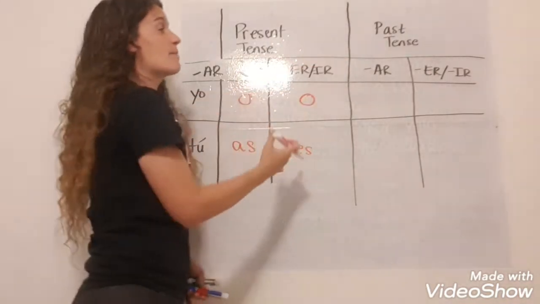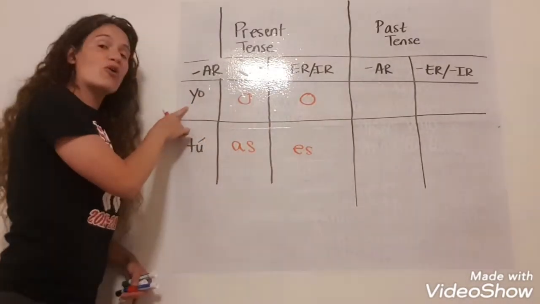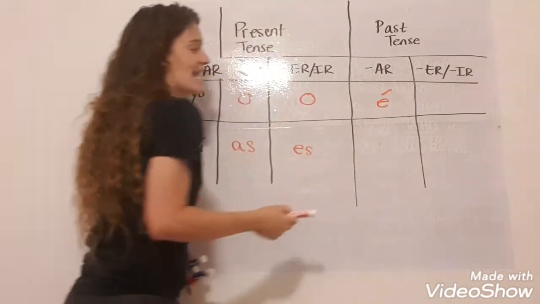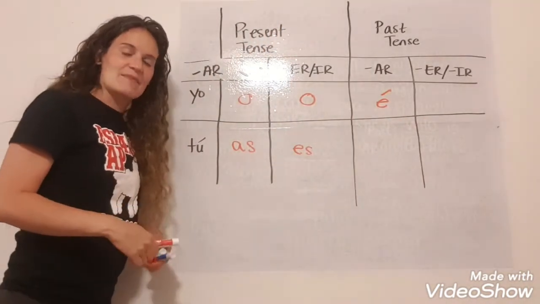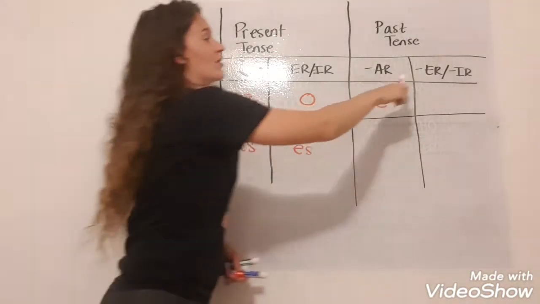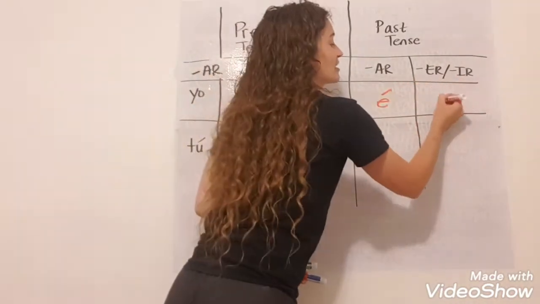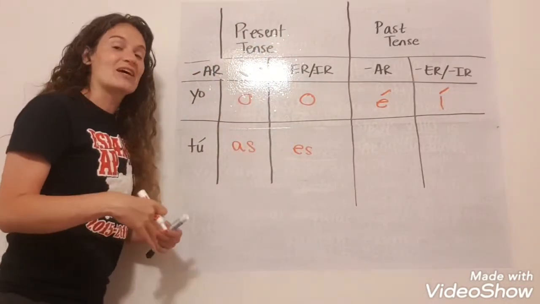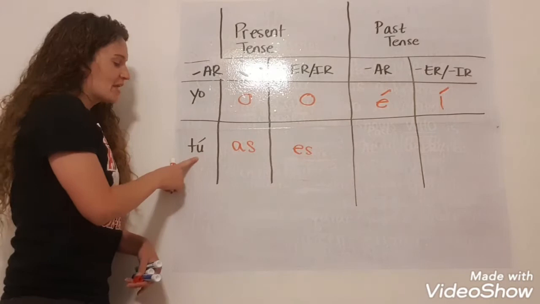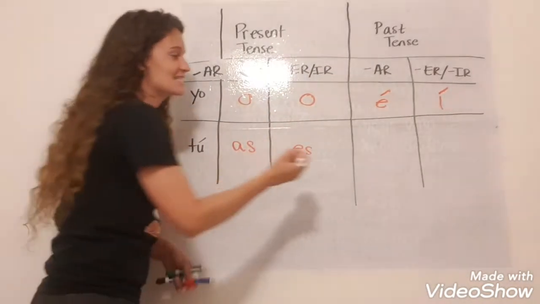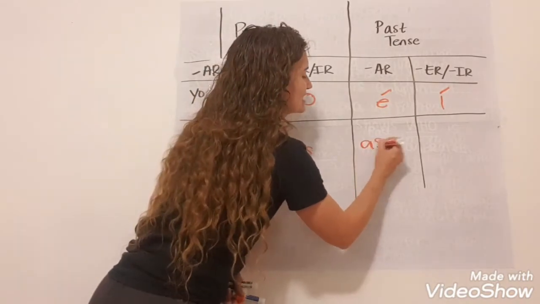Now, if we're going into the past tense, the yo ending for AR verbs is é. That's E with an accent mark, pronounced E. The yo ending for ER and IR verbs is í. That's I with an accent mark, pronounced E. The tú ending for AR verbs in the past tense is aste.